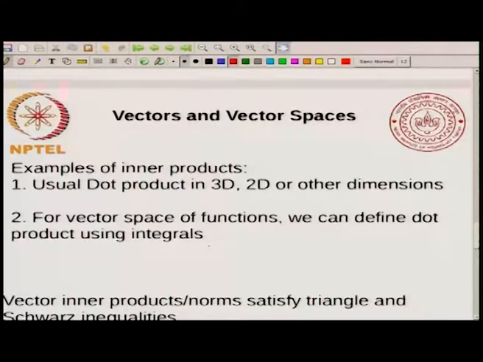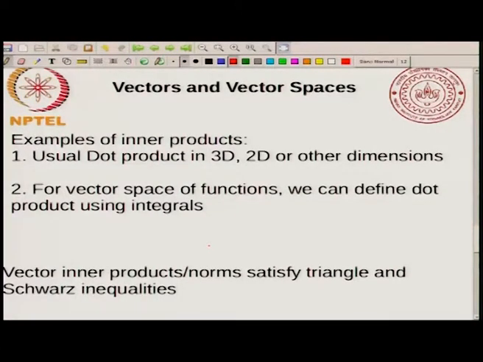So, the usual dot product in 2D or 3D vector space. Suppose you have one vector Ax, Ay, Az, and you have another vector Bx, By, Bz, then their dot product is a scalar that is given by Ax Bx plus Ay By plus Az Bz, and you can see that I can extend this definition to 2 dimensions or other dimensions too.